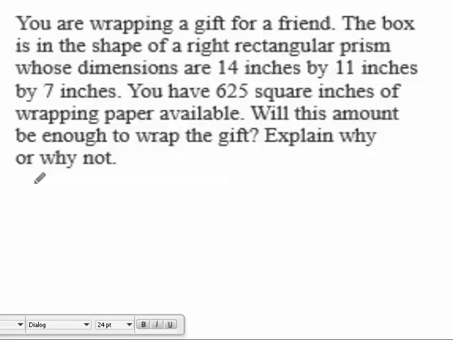Well, let's remember what our formula is for surface area of a prism. First, we find the perimeter of the base times the height, and we add to that 2 times the area of the base. That's the surface area that we're looking at.